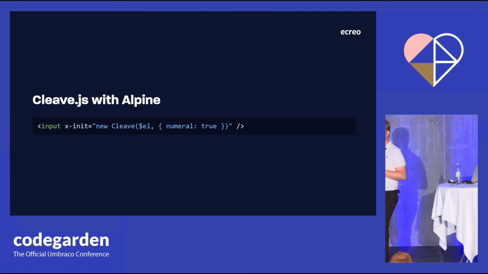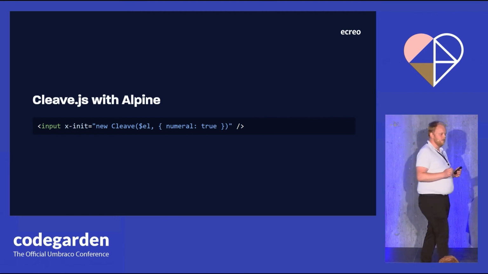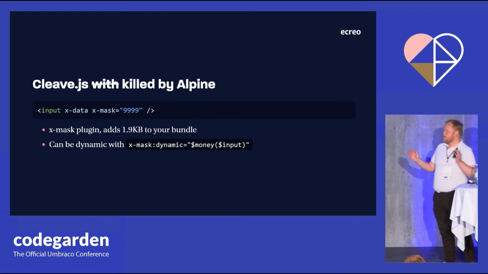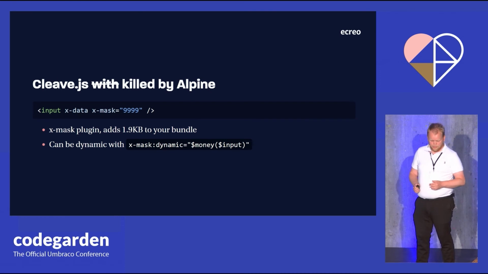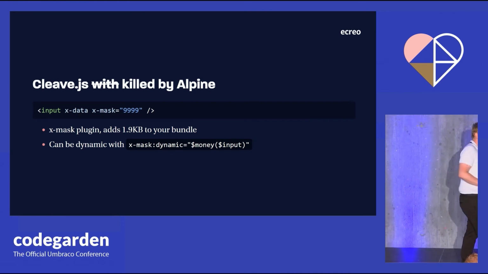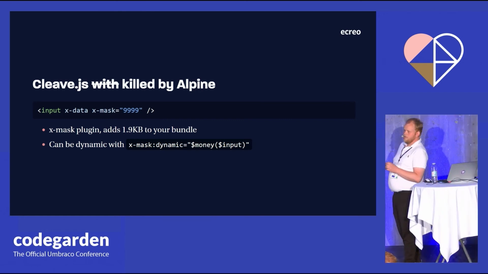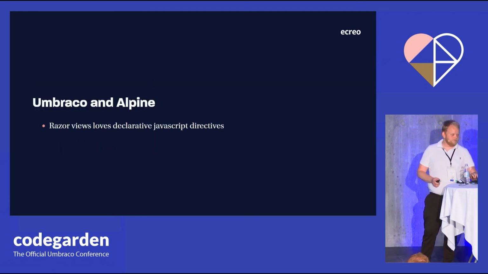We can see, whenever another developer gets in, that this input field is using Cleave, and it should be a numeral field. But I didn't have this slide on very long before Alpine made their own plugin for this, and it would probably work a bit better with Alpine. It adds a little less than 2 kilobytes to your bundle, and it can do all sorts of dynamic things working inside of Alpine too.